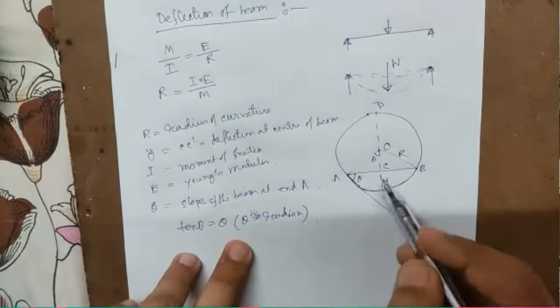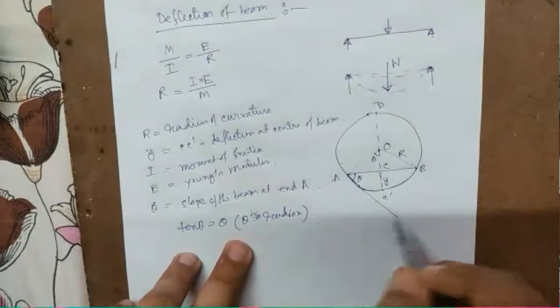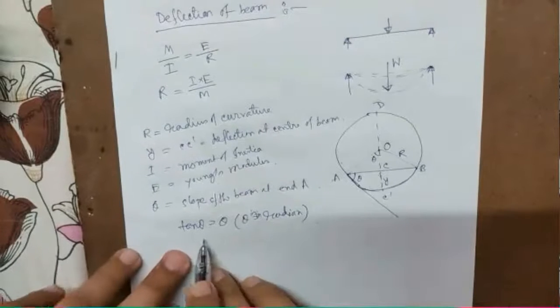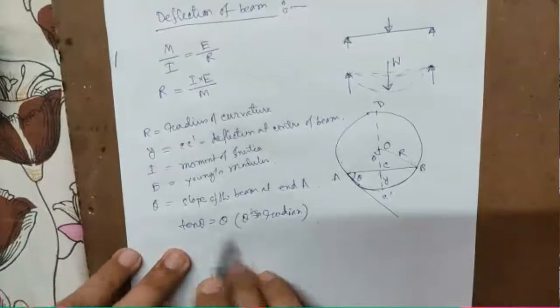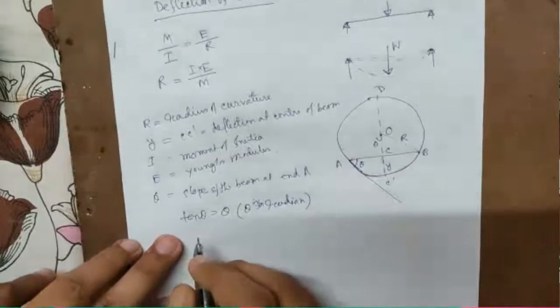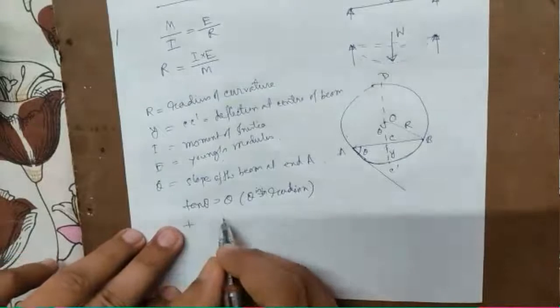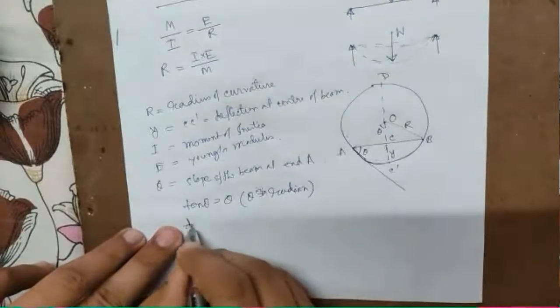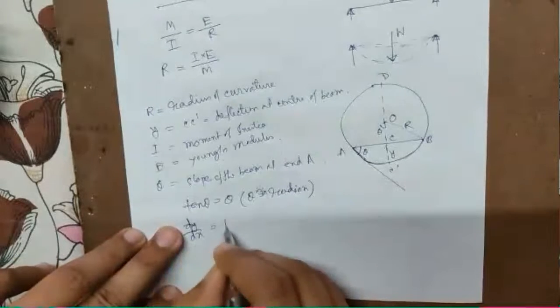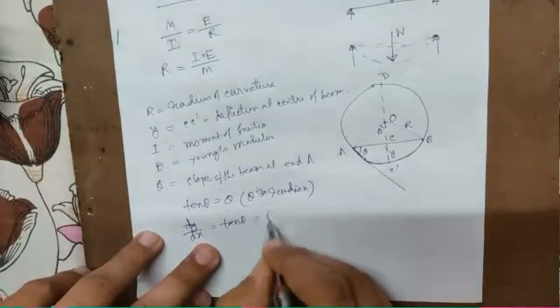So in any practical beam, this deflection will be very less and this theta will also be very less. So in that case, when theta is very less and in radian, we can write tan theta is equal to theta. If we ignore the directions, tan theta will be equal to dy dx. So we can write dy dx equal to tan theta is equal to theta.